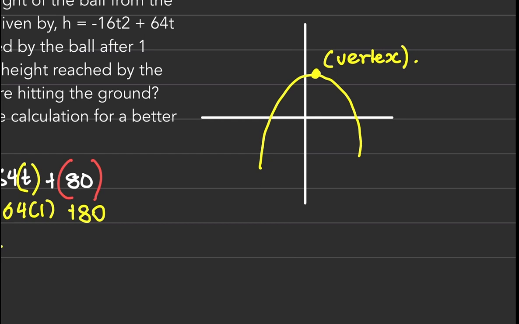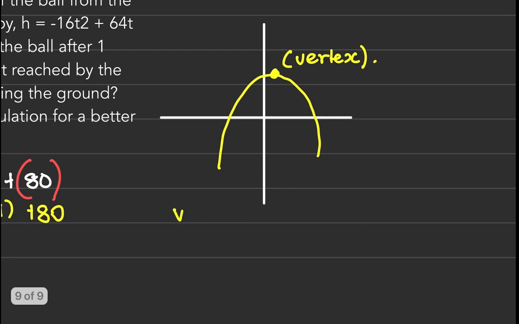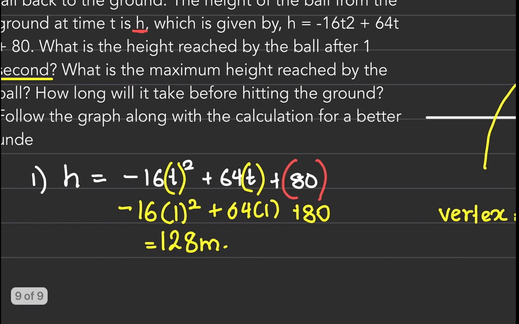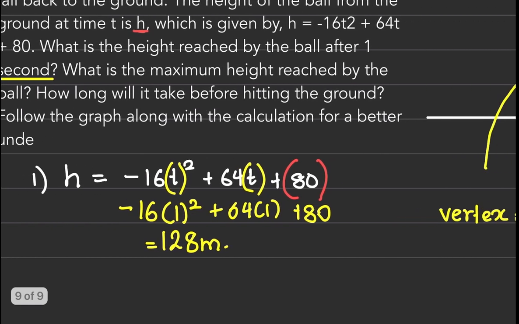And the vertex shows you the minimum or the maximum. Now the formula for the vertex, if you don't remember, is negative b upon 2a. After you achieve this value, we have to input that value for t into the equation.